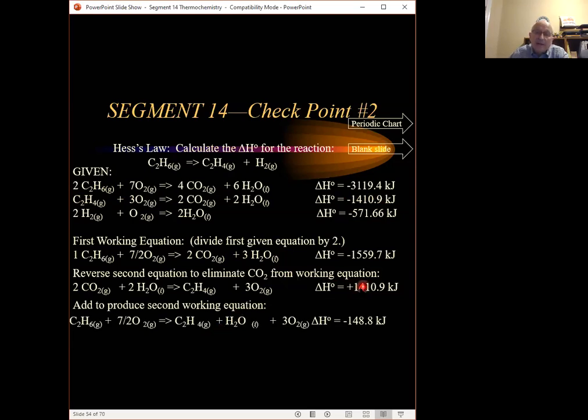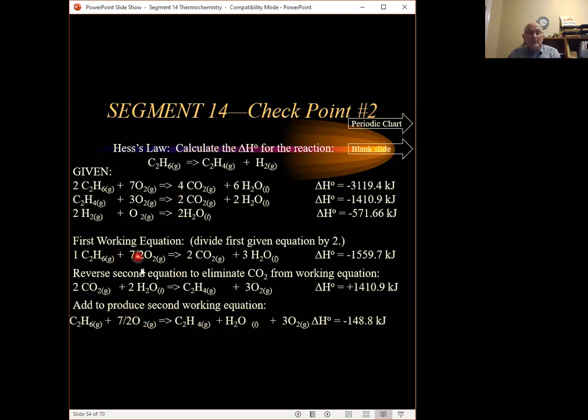Now I'm ready to combine them, the two together, to produce this new working equation. So I add this equation to this one, and it's going to come out to be minus 148.8 kilojoules. And it's still not done. I've got to get rid of something that's in this equation in order to complete it. And I don't want any O2 in my balanced equation.